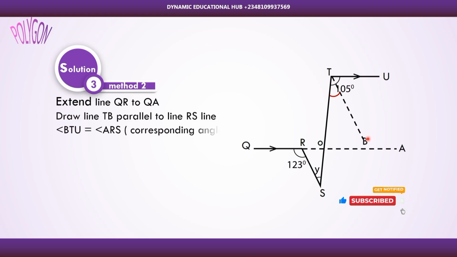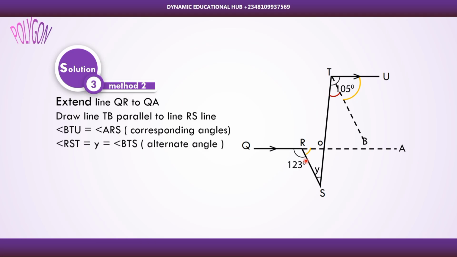After we've drawn the line, we can see that angle BTU is equal to angle ARS, corresponding angles. And we can also see that angle RST is equal to BTS. RST is Y. This angle is equal to angle BTS, this angle here, and Y, because we have alternate angles.